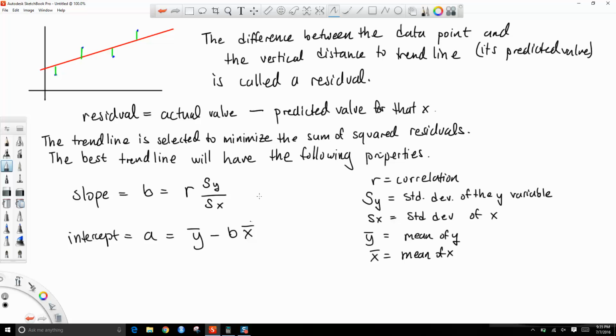So once you figure out the slope, you can use that to figure out the intercept. And the best fit line will always pass through the point x bar, y bar.